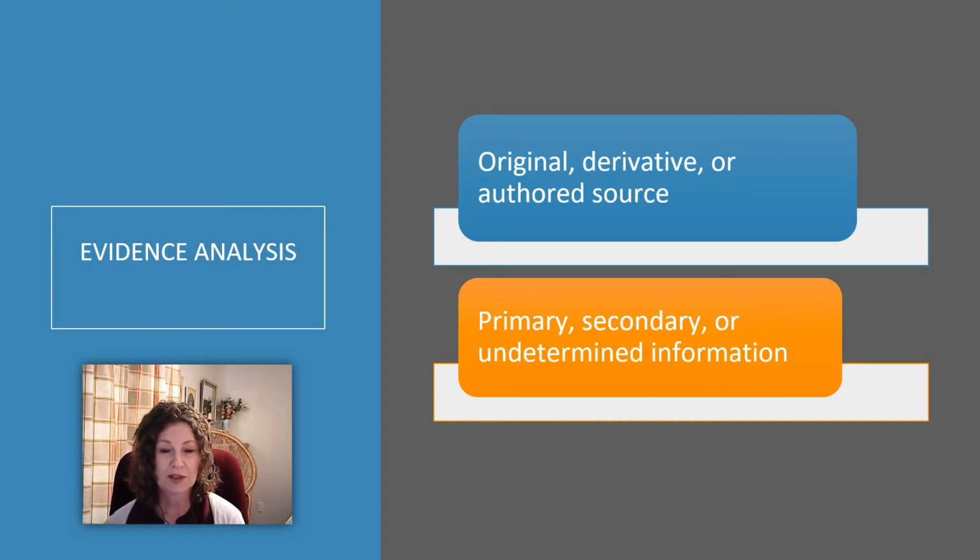So we want to make sure that we are looking at each source and not just taking the information at face value, but we're determining who gave the information. Would they have known about whatever they reported? Or could this have a little bit of an air of someone guessing about information.